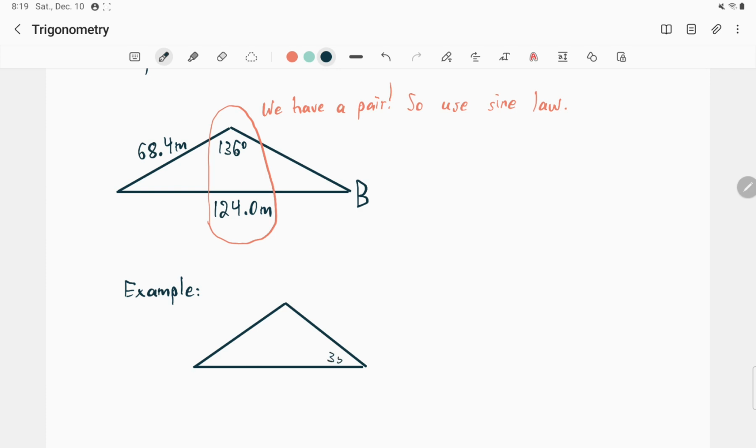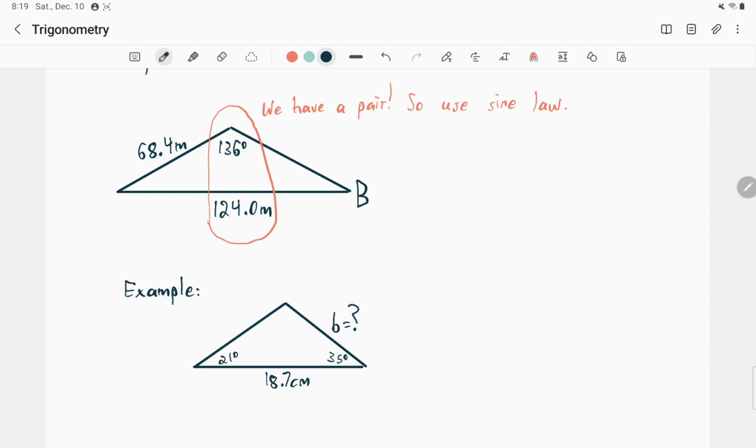Let's say we have a couple angles inside this triangle, 21 degrees and 18.7 centimeters. And let's say they want to find this angle. Call it B. We want that.